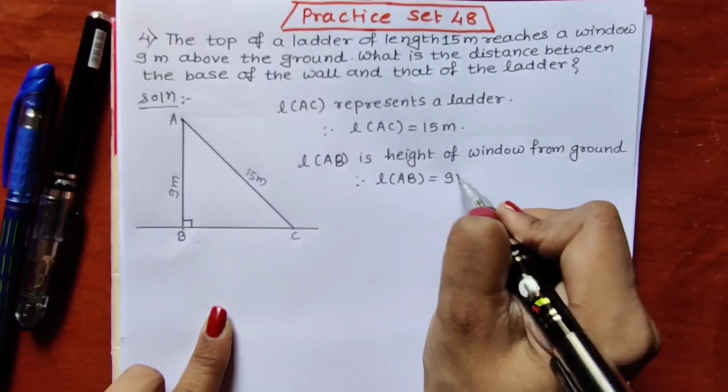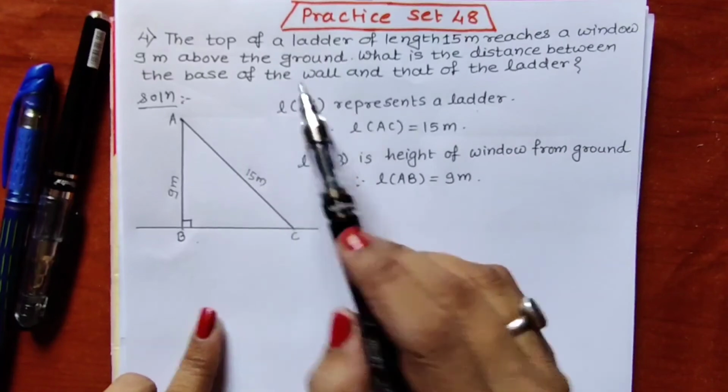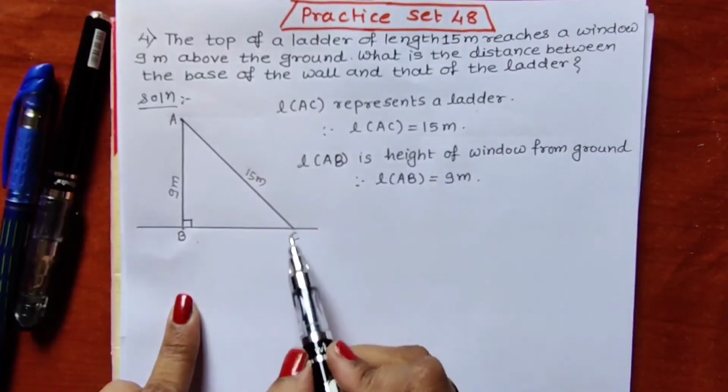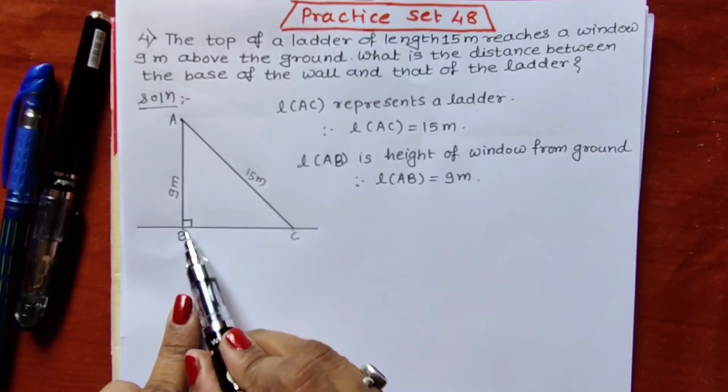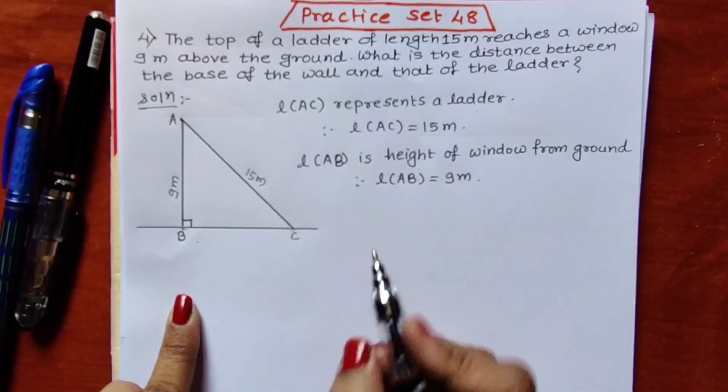Therefore AB is equal to 9 meter. What we have to find out is the distance between the base of the wall, which is B, and the ladder. From the base of the wall till the ladder, this distance we have to find out. That means we have to find BC.